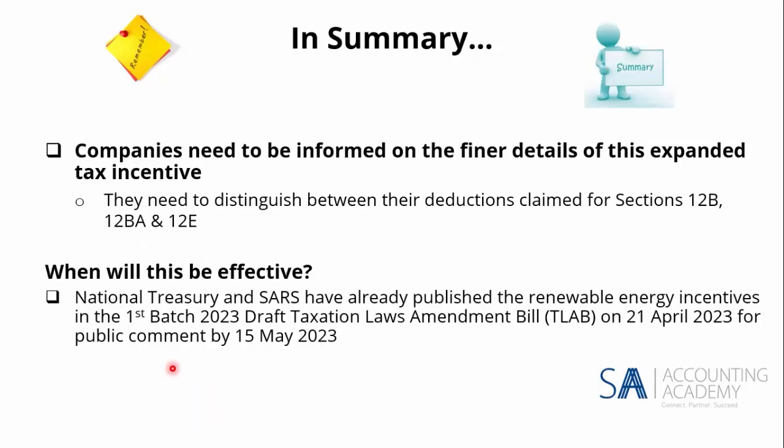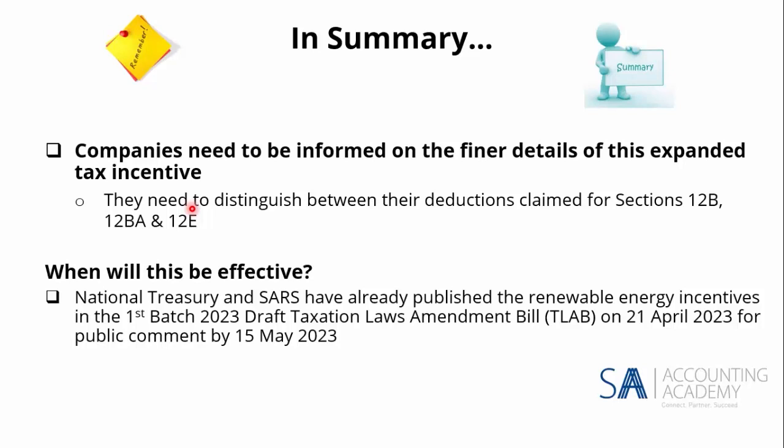So in summary, let's have a look at this. Companies will need to be informed on the finer details of this tax incentive. They are the ones that need to distinguish between what their needs are, what their assets are. So they'll have to separate which ones comply with 12B, which ones are in terms of 12BA, and which ones are in terms of 12E.